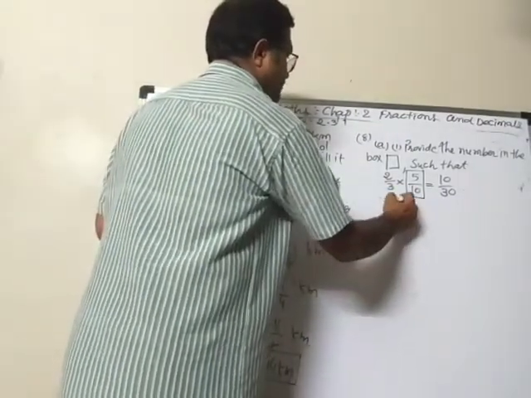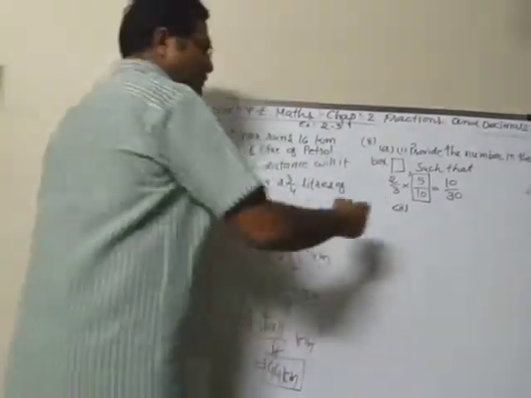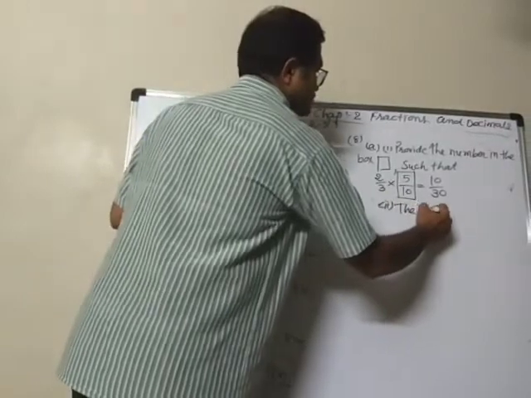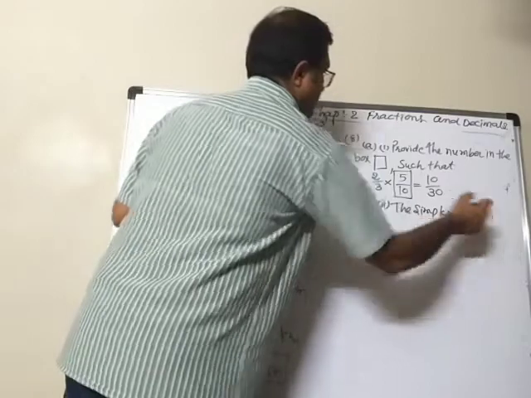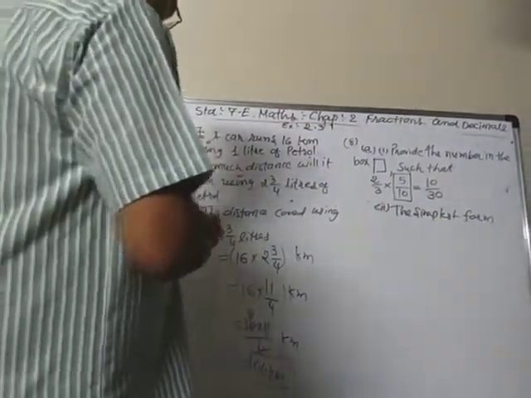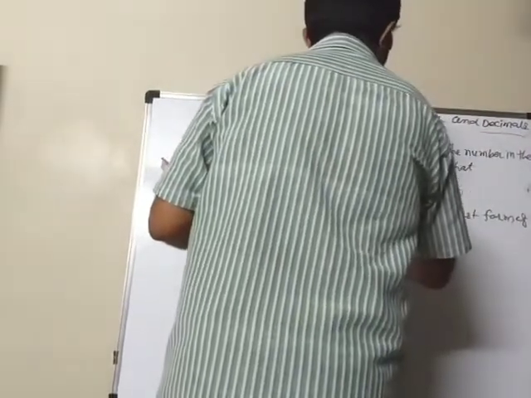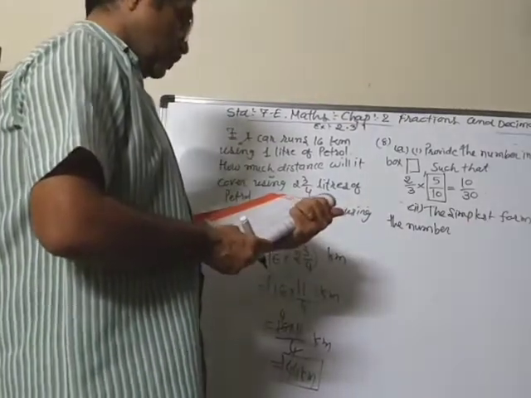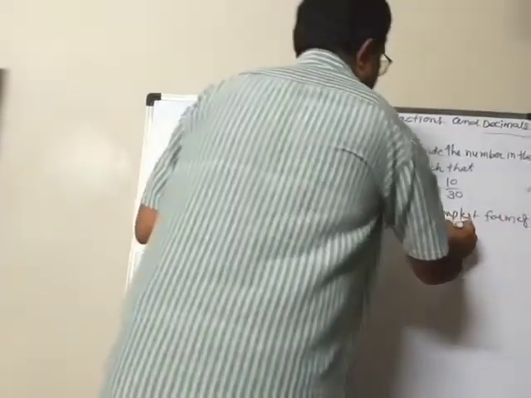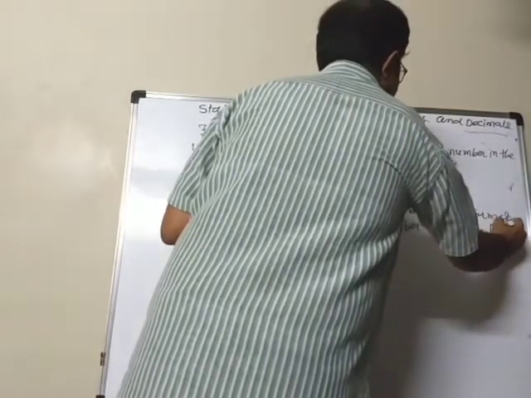Similarly in the second one we will see the simplest form of the number obtained in box is equal to blank.